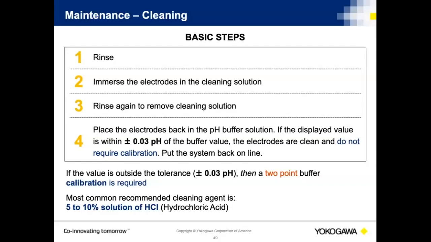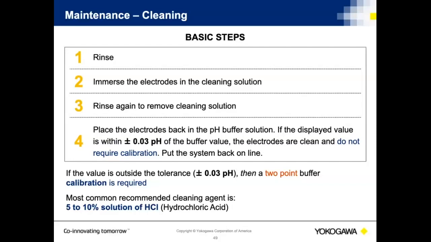The key is, sometimes what I see is people are calibrating too often. If you do a calibration check or a validation check that just says, let me check my pH probes in buffer solutions, and let me do it weekly, and there's no difference greater than, say, plus or minus 0.03 pH units, then don't calibrate.